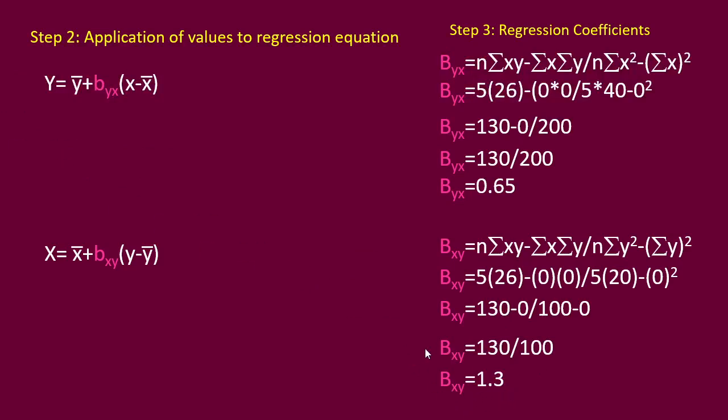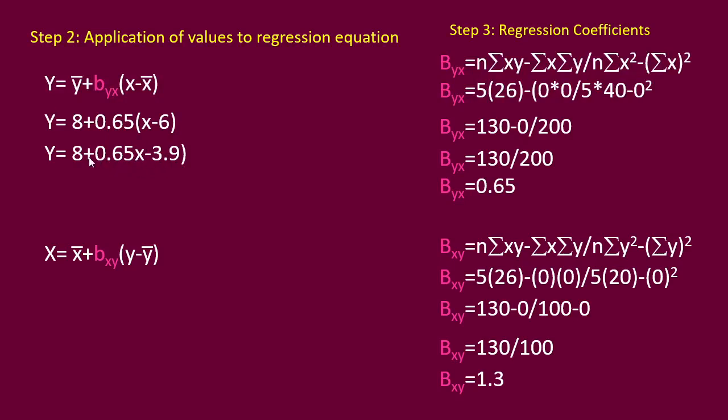So now let me apply these byx and bxy values to the regression equation. So here y equals y bar, we have calculated it's 8, plus byx value that is 0.65 into x minus x bar 6. 8 plus 0.65 into x is 0.65x and 0.65 into minus 6 it's minus 3.9.